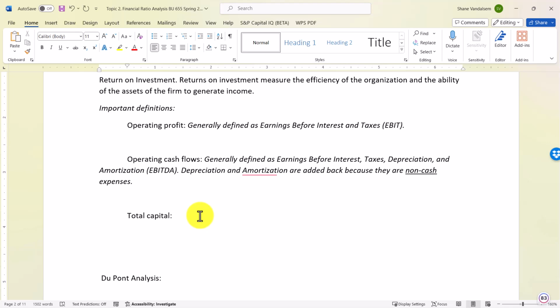Some people define capital as the value of assets. You'll see that sometimes it is the value of all of the claims on the firm. For our purposes, capital is the dollars that have been invested by investors into the firm.